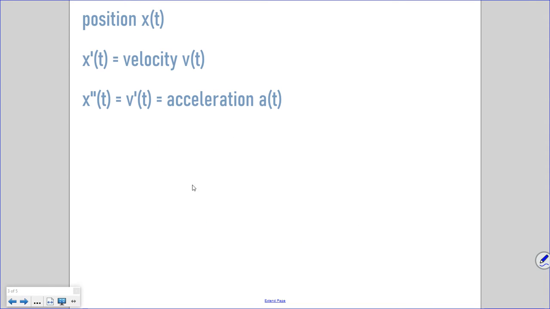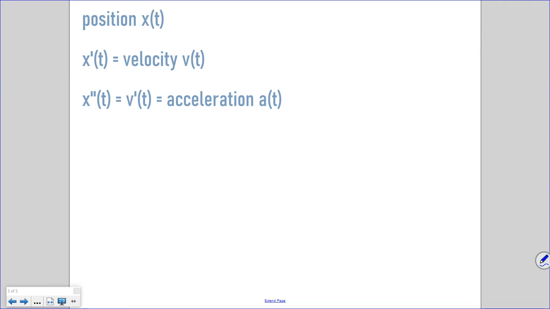Just a reminder, before we got position, we said the derivative of position was velocity. Well, now, instead of me giving you position and you telling me about velocity, I will tell you about velocity, and you have to tell me about position. So if velocity is the derivative of position, then position is the antiderivative of velocity.